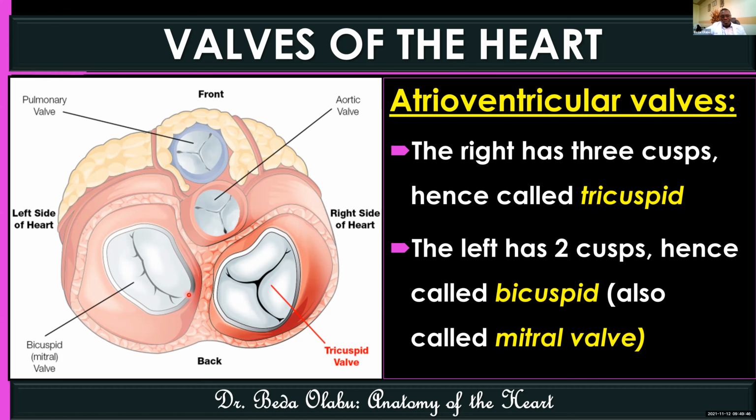The left atrioventricular valve has two cusps, and that is why we call it the bicuspid valve. The bicuspid valve is also called the mitral valve. You can find out the meaning of mitral, actually.